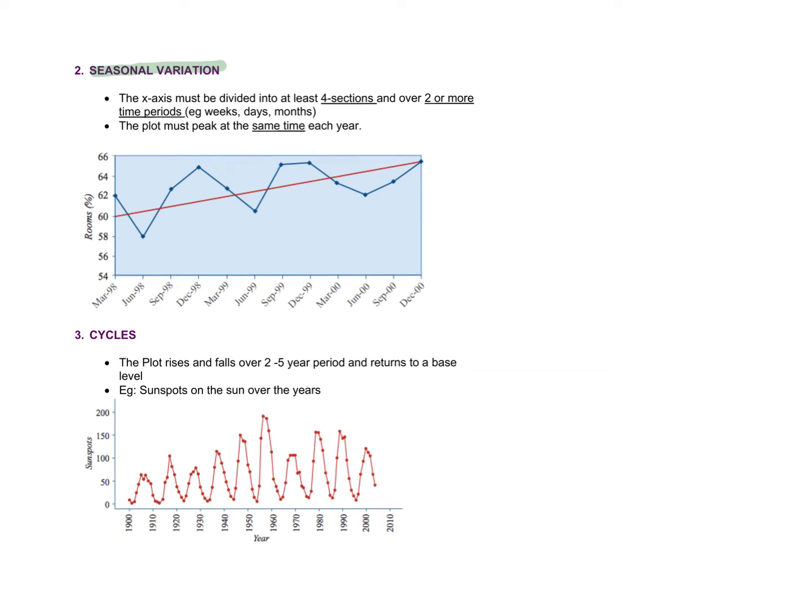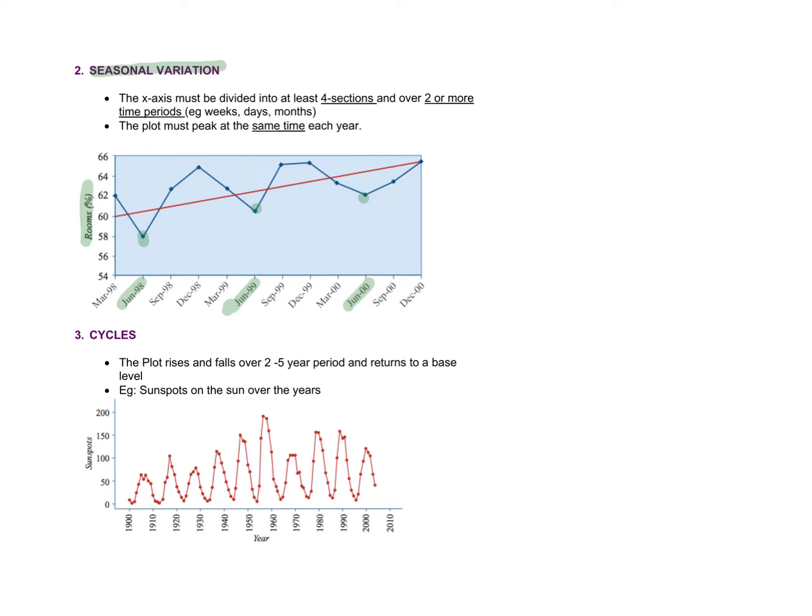So for example, if you have a look here, they were talking about the percentage of rooms in a hotel that were rented out. Can you see in June it dropped, and then in June it's a bit lower, and then it's gone along, and in June it dipped again.